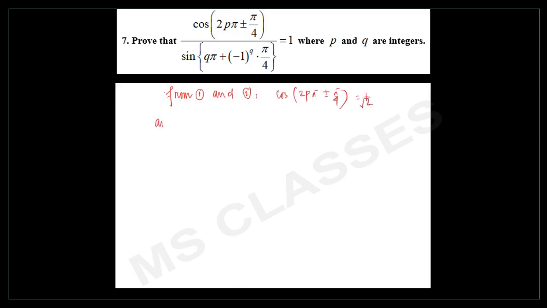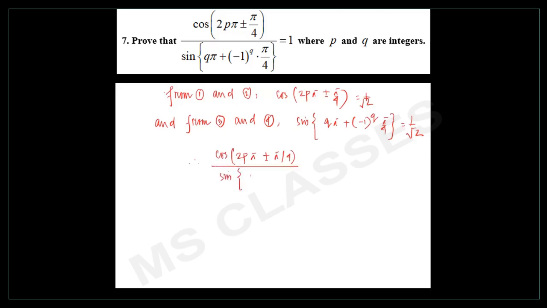And from 3 and 4, sine q pi plus minus 1 to the power of q pi by 4 equal to 1 by root 2. Therefore, cos 2k pi plus minus pi by 4 divided by sine q pi plus minus 1 to the q pi by 4 equal to 1.